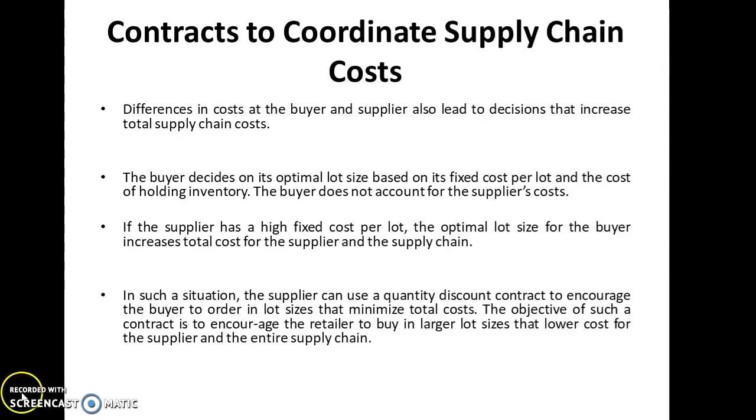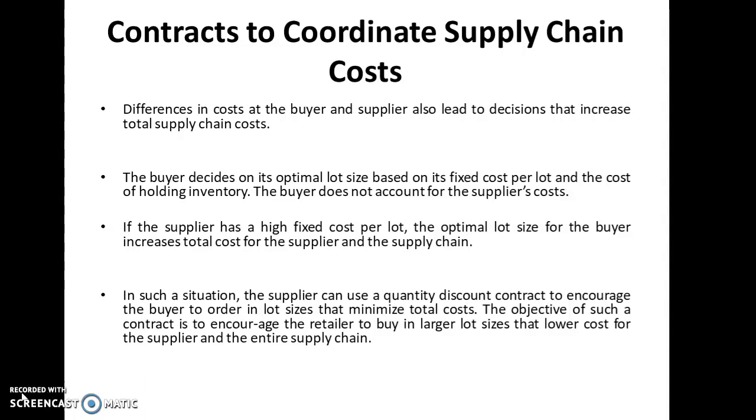Here, the lot may be in hundreds or thousands or in terms of bulk items. So, the buyer decides what is the optimal lot size for the company based on various factors.